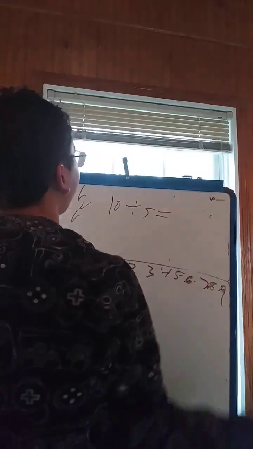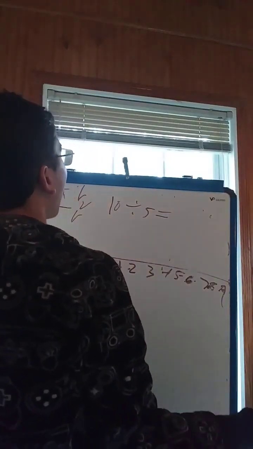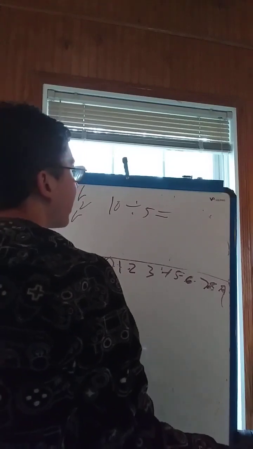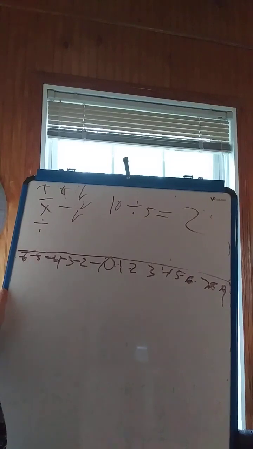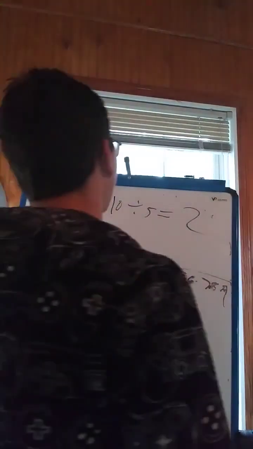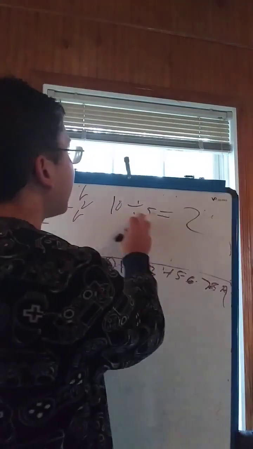Well, 10 divided by 5, if you think about 5 times what equals 10 in multiplication, obviously that'd be 2. You'd answer like a regular problem. But again, that rule still applies. Both of these signs are positive.